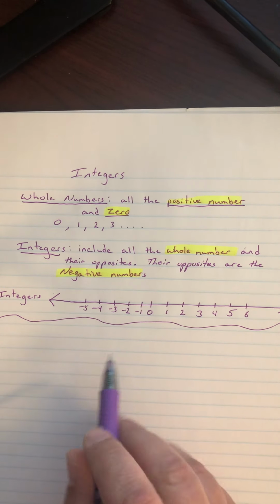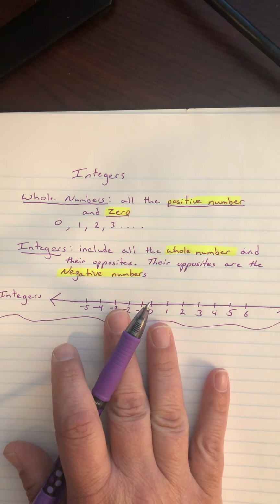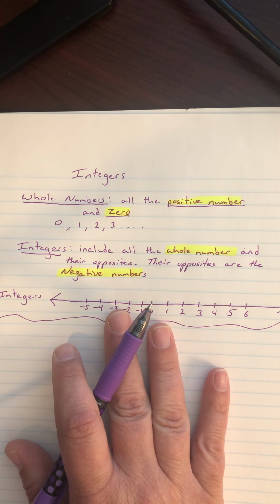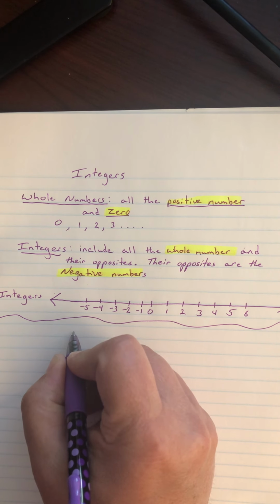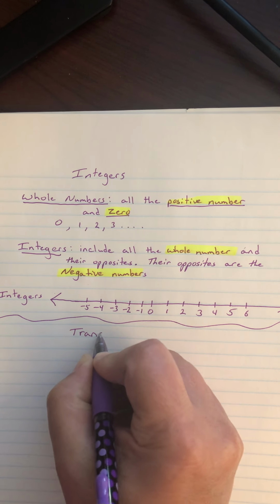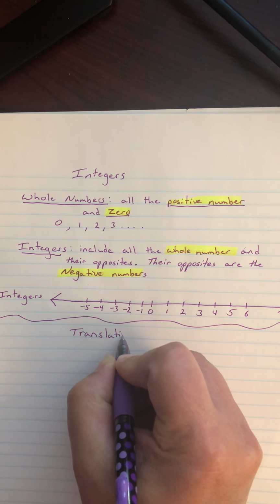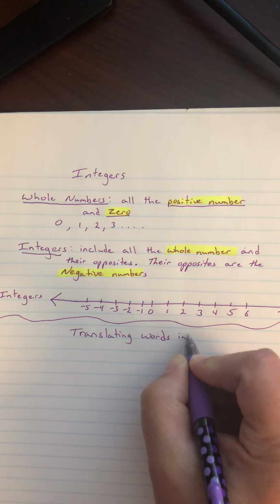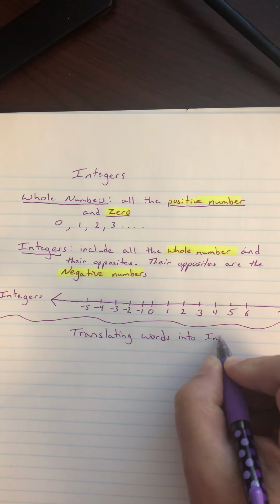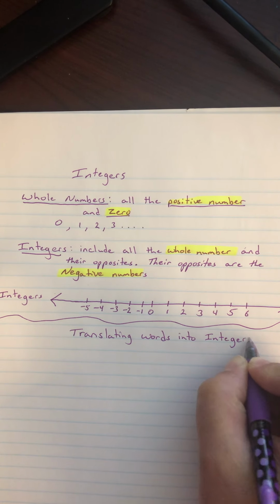So just understanding what the numbers are is the beginning, the helpful part. After that, we're going to get into how do we know what it means when we hear it verbally. So, translating words into integers.